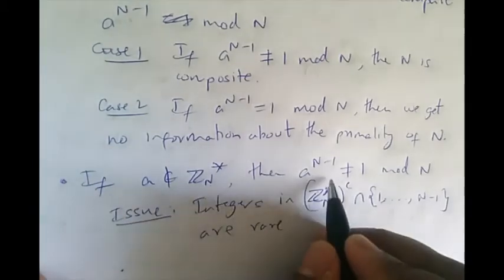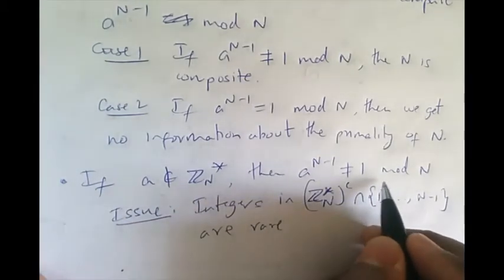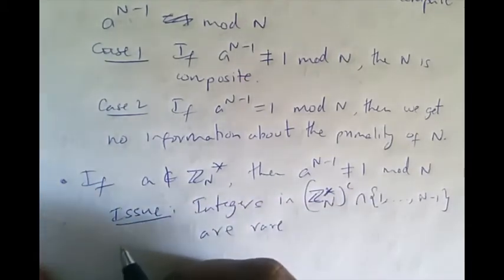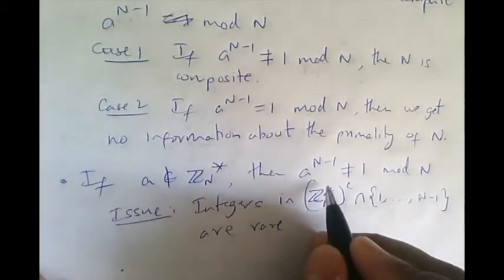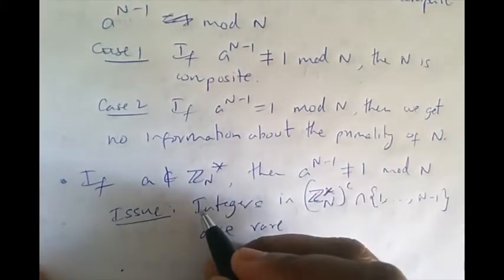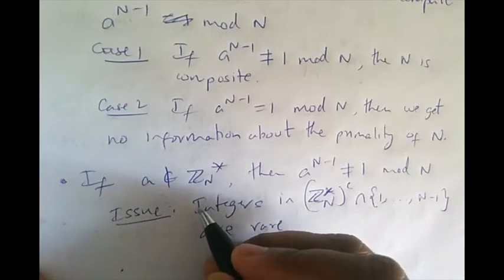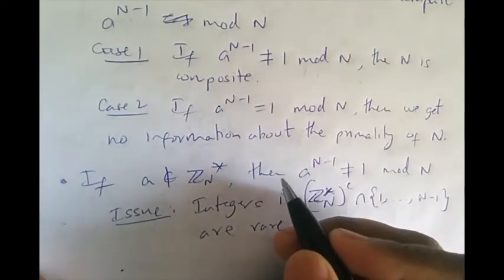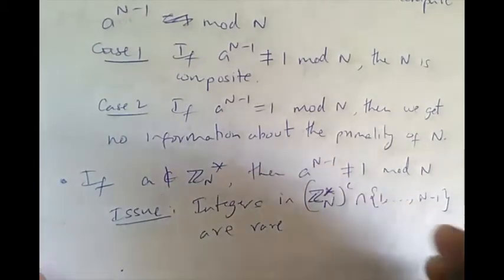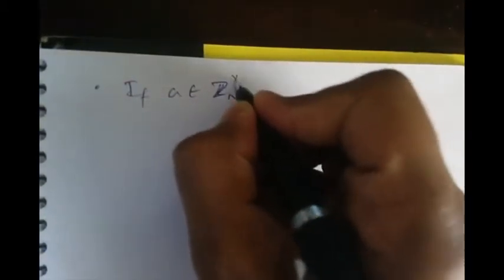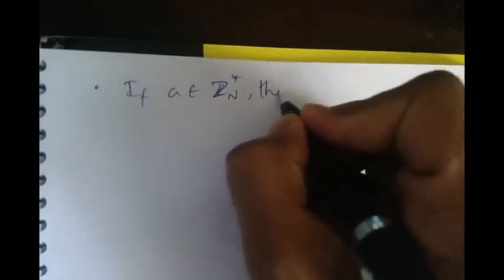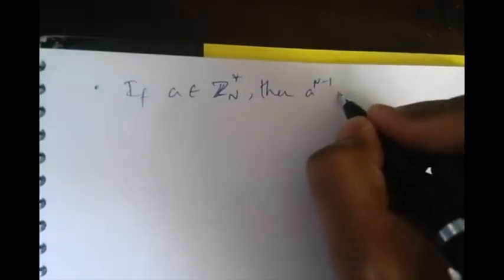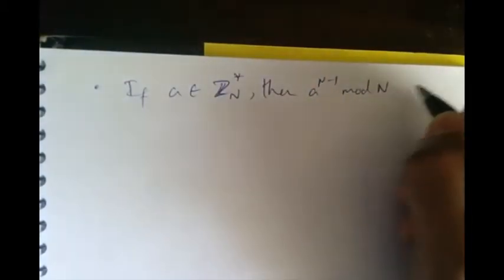So if a is not in Zn star, a to the n minus 1 will not be equal to 1 mod n. But if a is in Zn star, then we don't know. It may be equal to 1 mod n, or it may not be equal to 1 mod n. So if a is in Zn star, then a to the n minus 1 mod n may or may not be equal to 1.